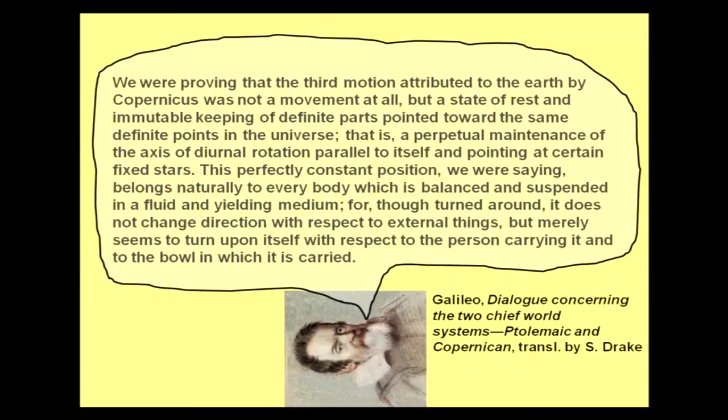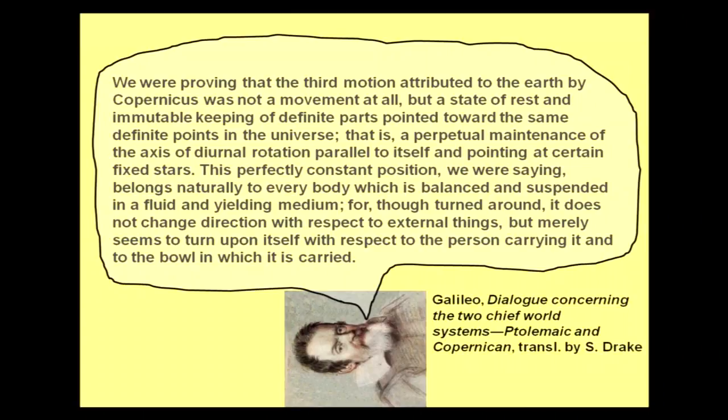We are proving that the third motion attributed to the Earth by Copernicus was not a movement at all, but a state of rest and immutable keeping of definite parts pointed toward the same definite points in the universe. That is, a perpetual maintenance of the axis of diurnal rotation, parallel to itself and pointing at certain fixed stars.